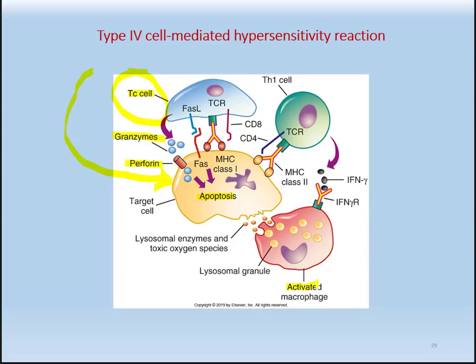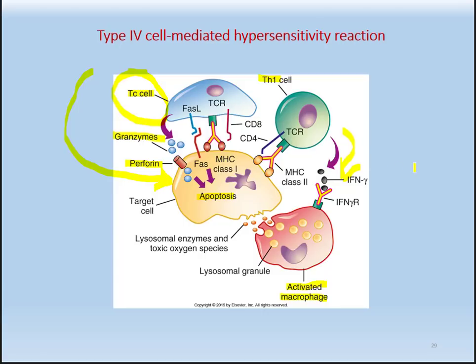And you also get the activation of macrophages, which are involved in trying to destroy that target cell. And lastly, the helper T cells are involved to, as their name says, help. They're involved in producing cytokines. They're trying to recruit and activate these phagocytic cells that participate in the reaction.